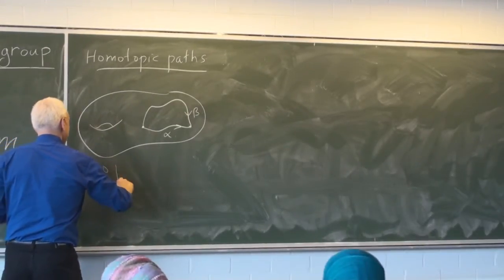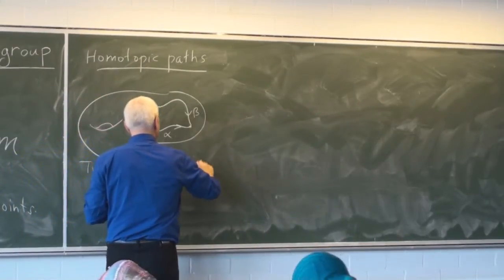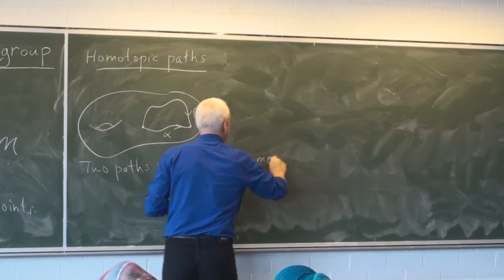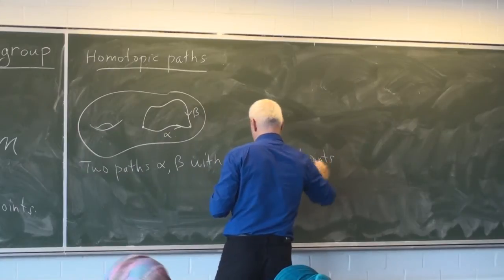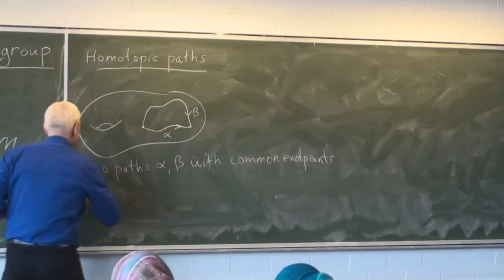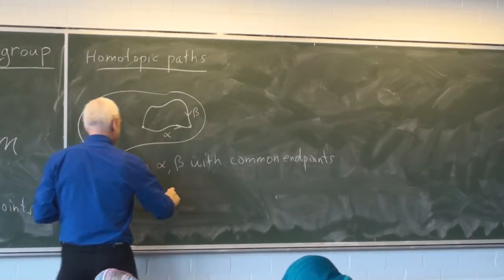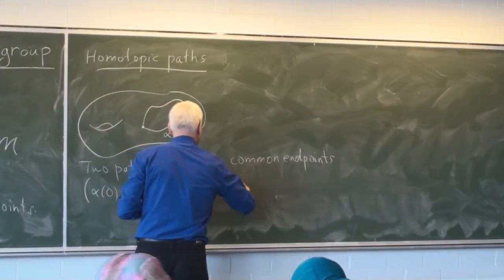So we say two paths, alpha and beta, with common endpoints, in other words alpha of 0 equals beta of 0, and alpha of 1 equals beta of 1.